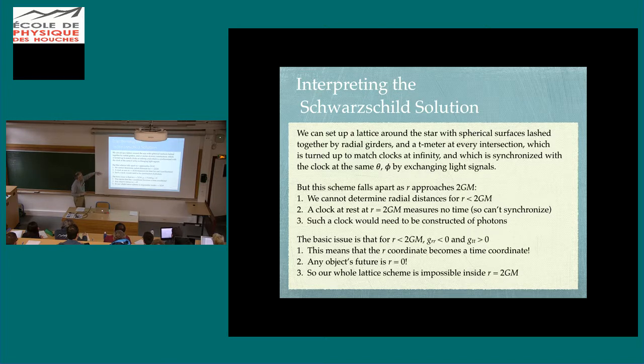And then I'm going to put a t meter, what I call a t meter, at every intersection, which is turned up to match the clocks at infinity. So clocks at infinity are going to send signals, light flashes, down into the gravitational well, 1 per second, say.